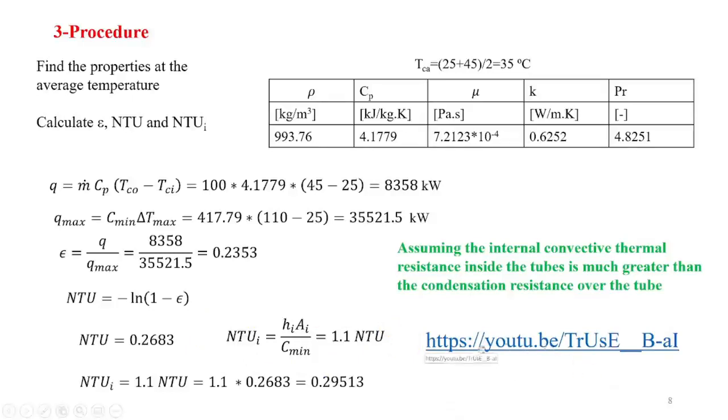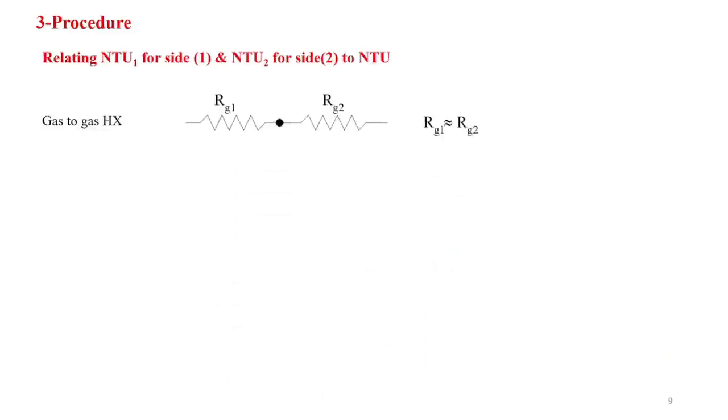You can go to this link and see the sizing of the gas-to-gas heat exchanger, where we also deduce another relation that relates the number of transfer units for one gas side to the number of transfer units for the whole heat exchanger. Now this is the same thing.